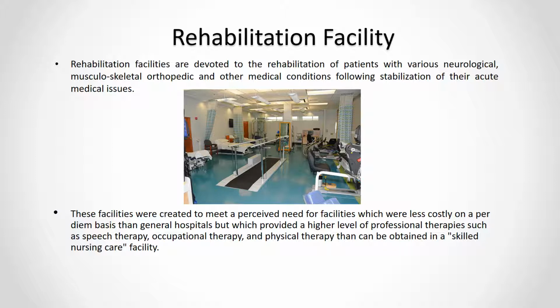These facilities were created to meet a perceived need for facilities which were less costly on a per diem basis than general hospitals, but which provided a higher level of professional therapies such as speech therapy, occupational therapy, and physical therapy that can be obtained in skilled nursing care facilities.